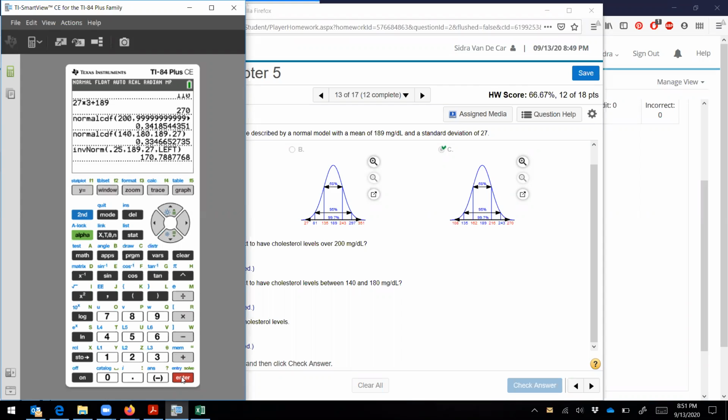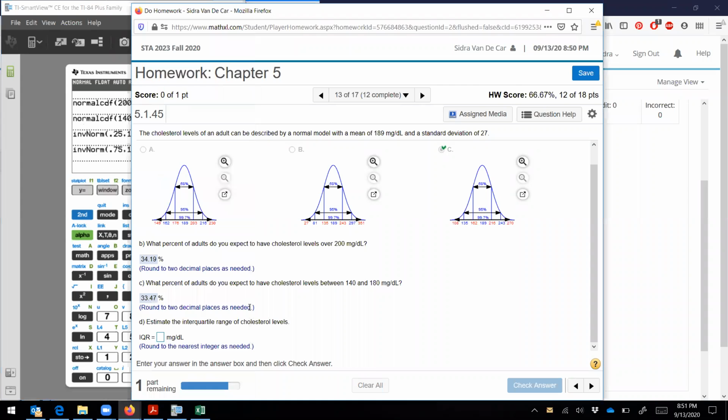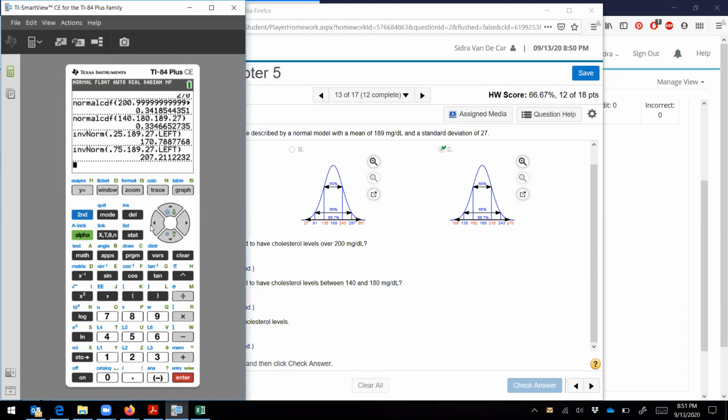And that's 170. Now let's do the same thing for the 75th percentile. And we get 207. So between 170 and 207. Nearest integer, so 207 minus 170 is about 37.